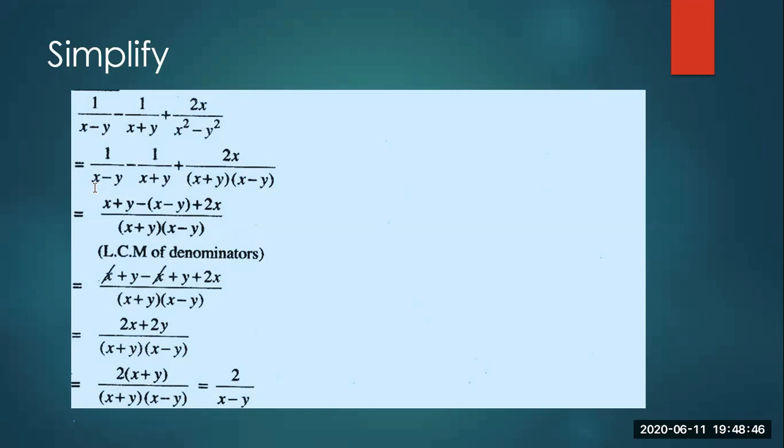In the first fraction, you can see the denominator is x minus y and x plus y is missing. So I'll multiply x plus y with both the numerator and the denominator.